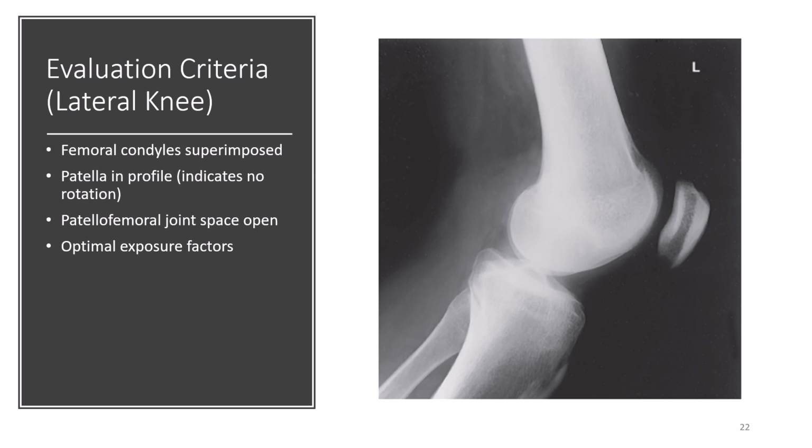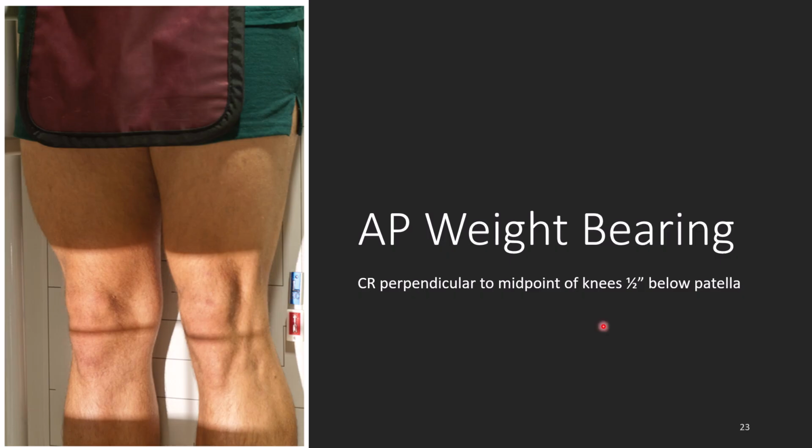Now, sometimes they will make it standard protocol, if the patient is ambulatory or walkie-talkie, to order knees weight bearing. This is on page 251, AP bilateral weight bearing knees.